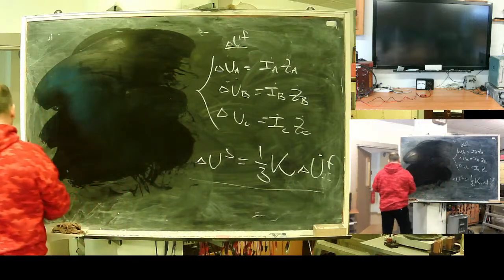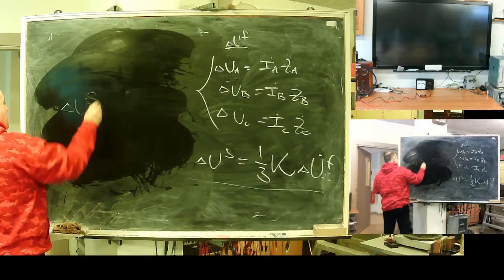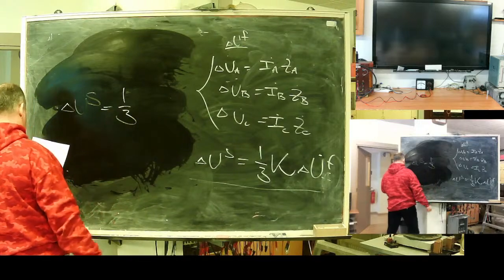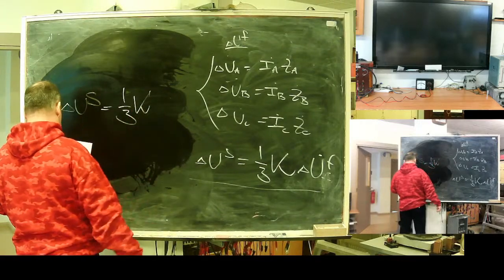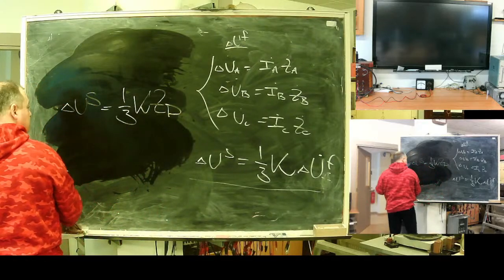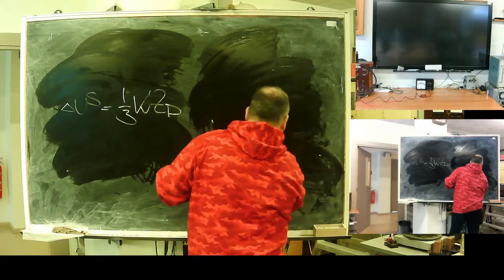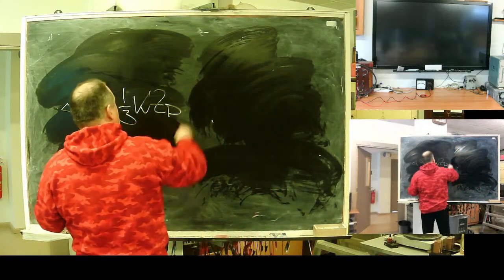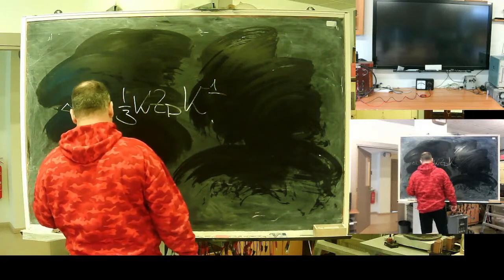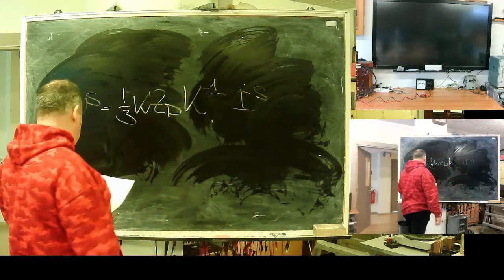And if this is clear, I can write delta U in sequence as 1/3 of the Fortescue matrix, the diagonal matrix of resistance, the inverse matrix of the Fortescue transform, and the current in sequence form.